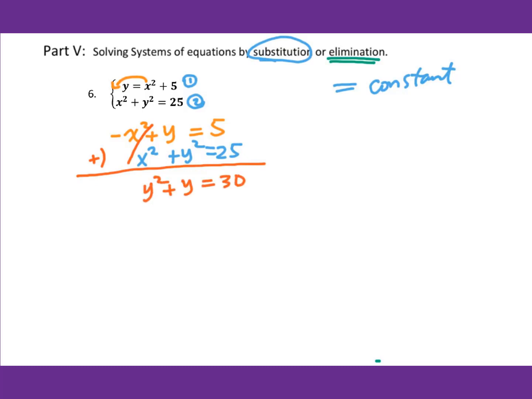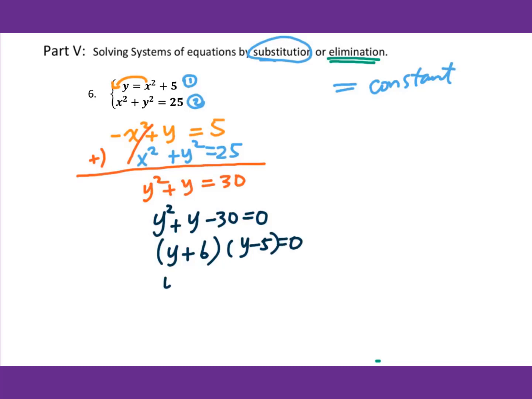This is a quadratic pattern equation. Therefore, y squared plus y minus 30 equal to 0. Factor it: y plus 6 times y minus 5 equal to 0. Therefore, we got y1 equals -6, y2 equals 5. Then this time, we need to plug into the equation to figure out x.